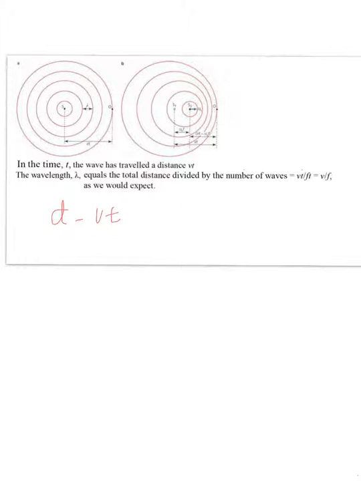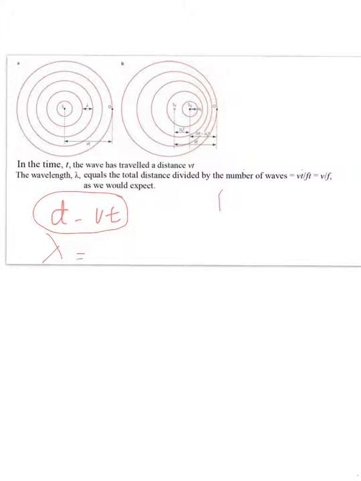Similarly, still considering this situation, the wavelength would be equal to that total distance divided by the number of waves that you would get in that time. Okay, so how many waves do we get in that time?